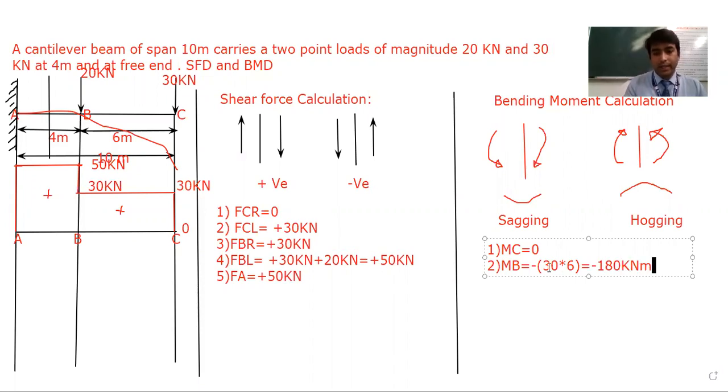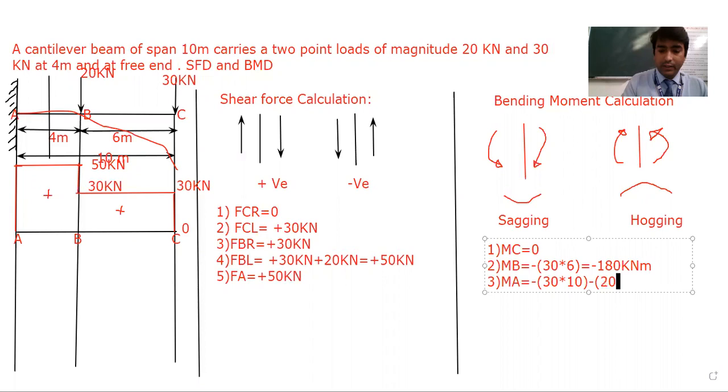This is the bending moment at B point, and the third one is the bending moment at A point. Bending moment at A point will be given by 20 into 4, minus, first we will say 30 into the total distance, which is 10. For all the forces we have to calculate the bending moment.